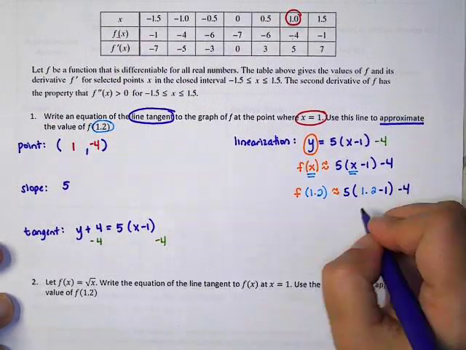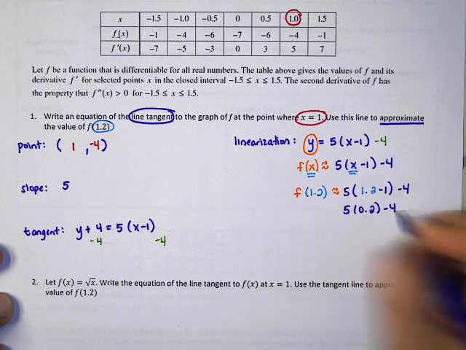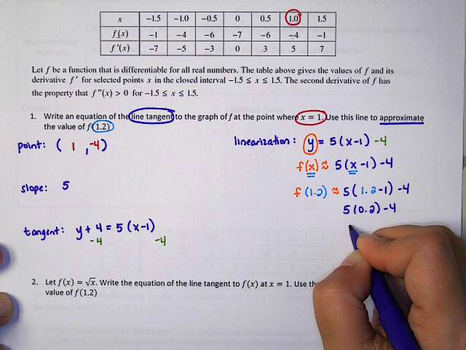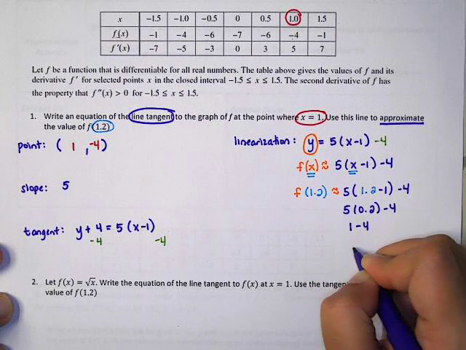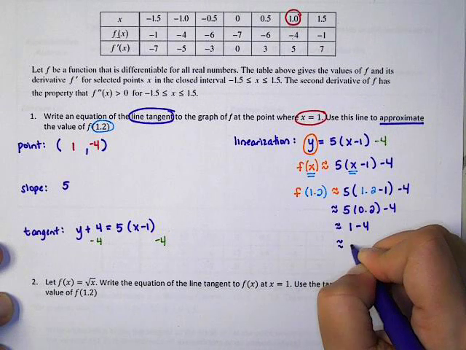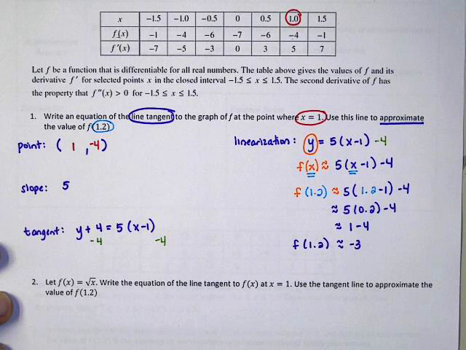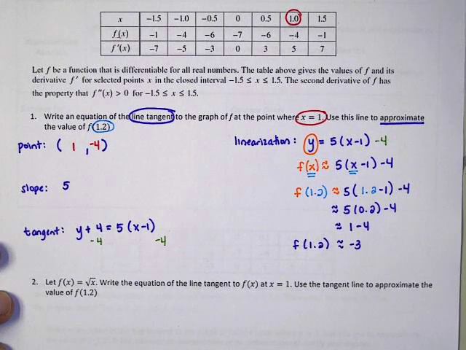Now 1.2 minus 1 is 0.2. 5 times 0.2 is 1, and 1 minus 4 is negative 3. So f of 1.2 would be approximately negative 3.